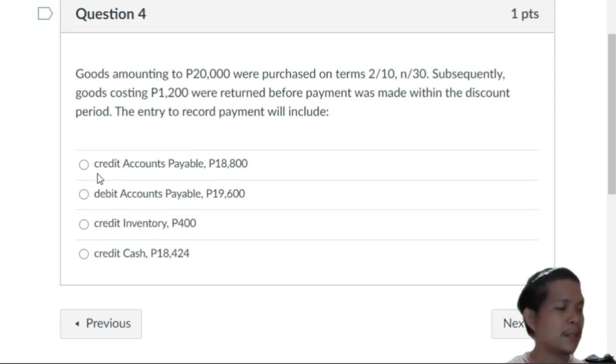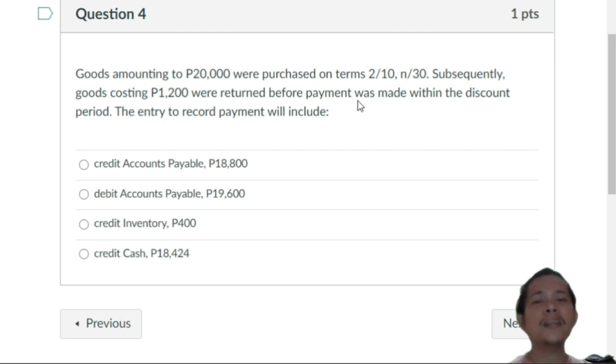Now, kung magde-debit tayo ng accounts payable na 18,800, syempre kailangan nating i-avail yung 2% kasi binayaran within the discount period. So, kunin natin yung 2% niya, you have 376 pesos na purchase discount. I-credit dapat natin ito. Ibawas natin yun sa 18,800, ang kakalabasan, ang babayaran mo ay 18,424.